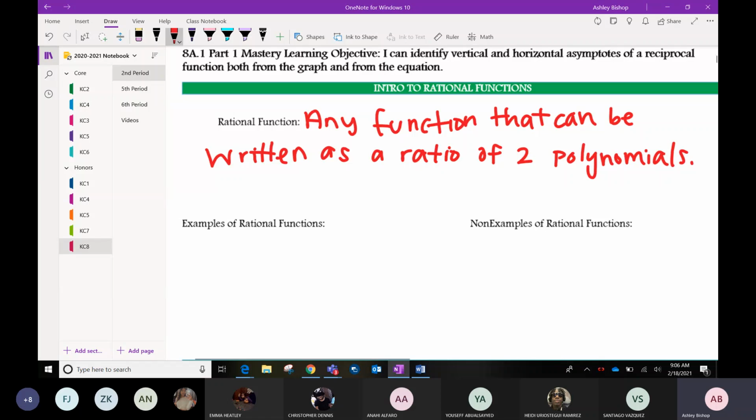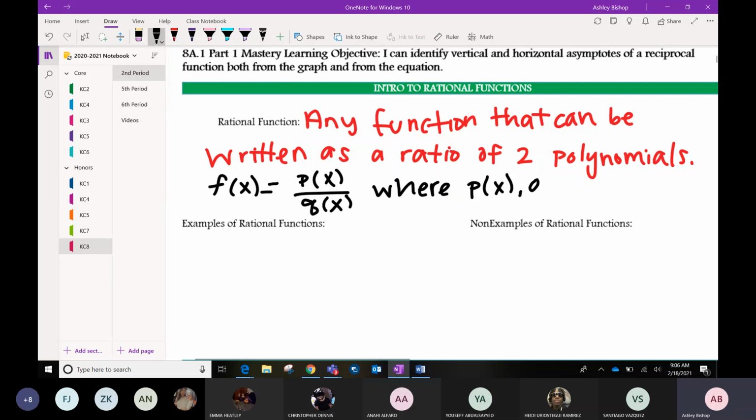So what the general form would look like is where I have a function f of x, and that's equal to p of x over q of x, where p of x and q of x are two functions, I don't know what they are yet, where they are polynomials.